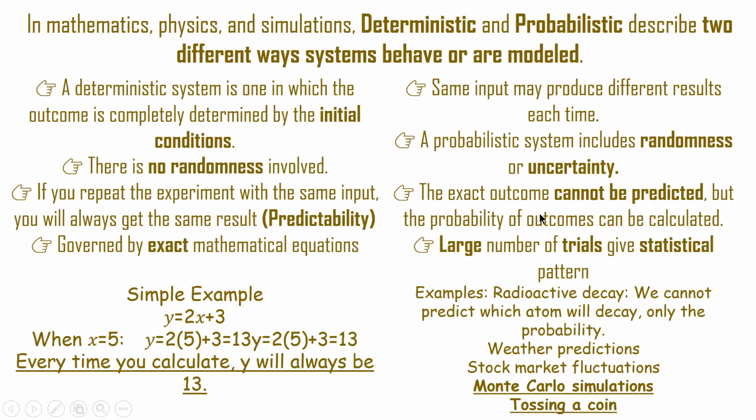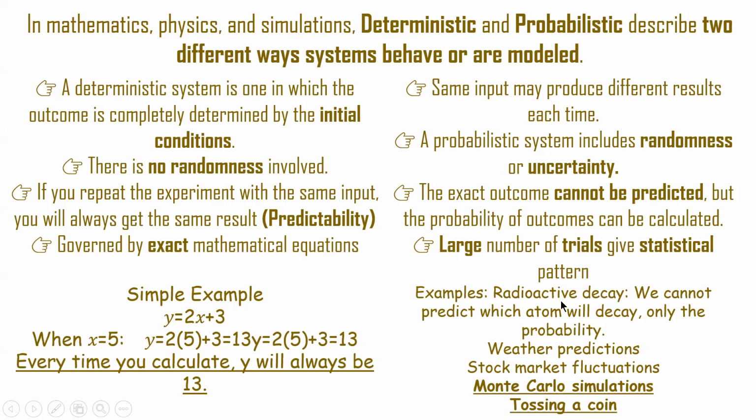Okay, so the exact outcome may not be predicted, and it may happen that each time the system is repeated, the output or outcome may be different. So this is where the randomness or the probabilistic concept evolves. Now, such a kind of system requires a large number of trials to give a statistical pattern. So this kind of physics is generally dealt with by the statistical physics branch.